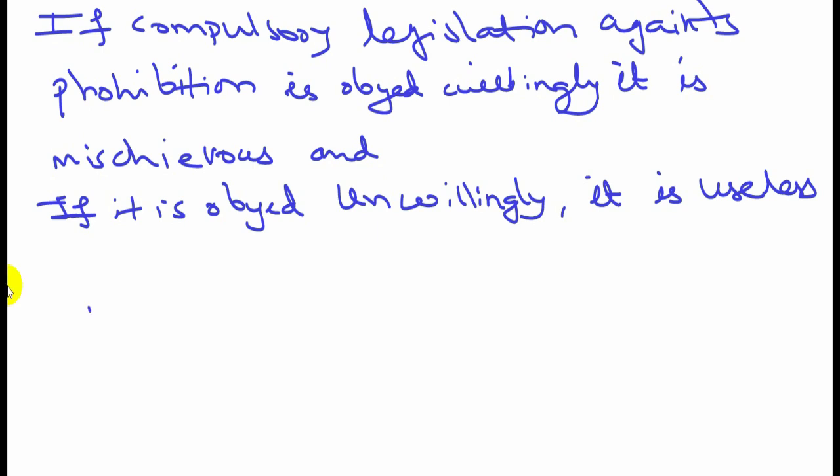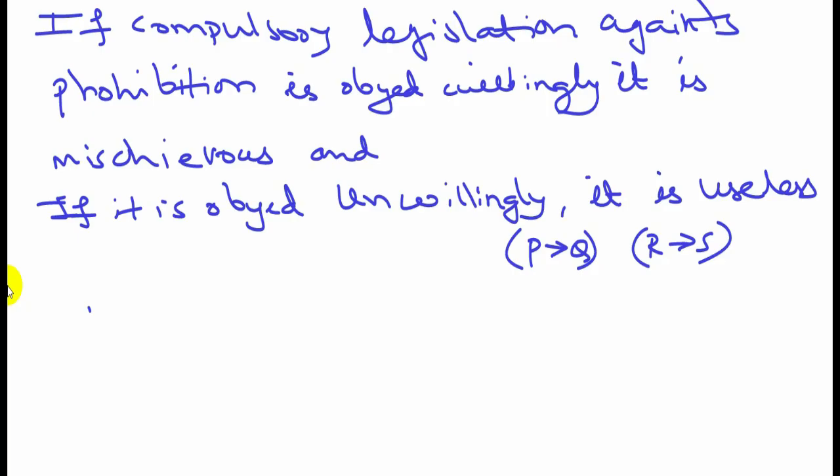Then, so basically what has happened is, we can use a symbolical form here. P leads to Q and R leads to S. So in this, P is if compulsory legislation against prohibition is obeyed willingly. Q is mischievous.